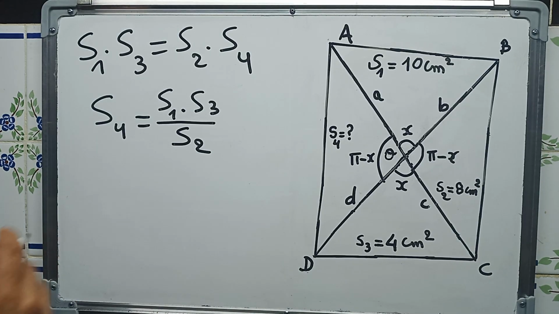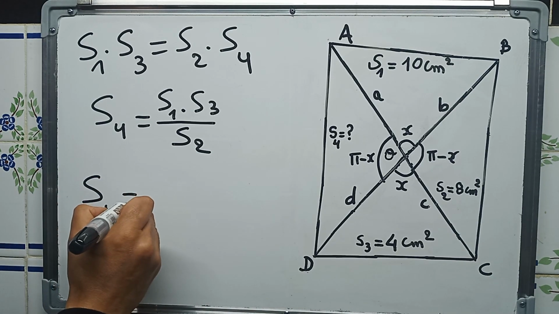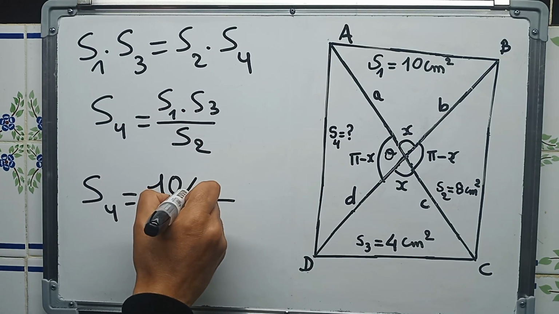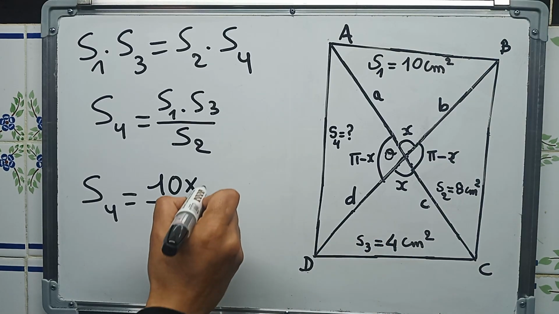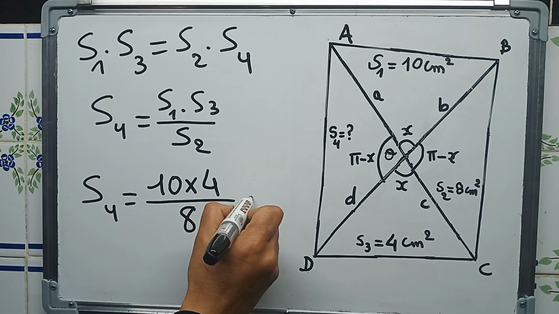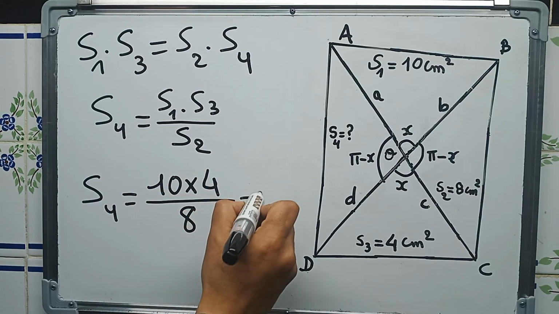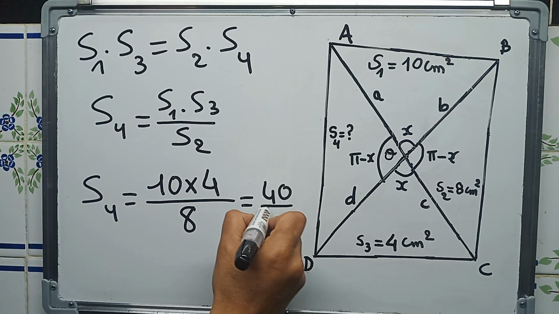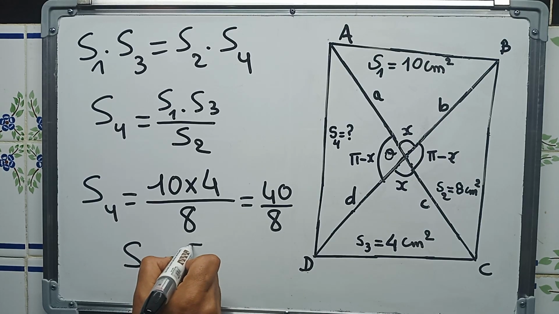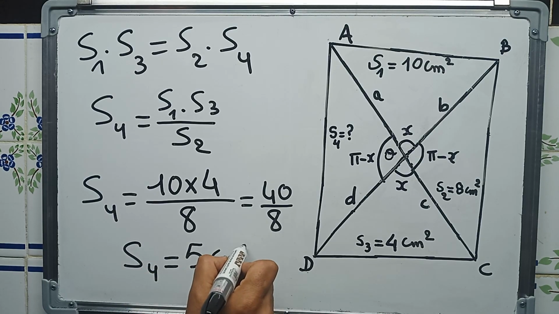We have S4 is equal to S1 is 10 times S3 4 over S2 8. 10 times 4 is 40 over 8, which is of course equal to 5. S4 is equal to 5 square centimeters. And this of course concludes our problem.